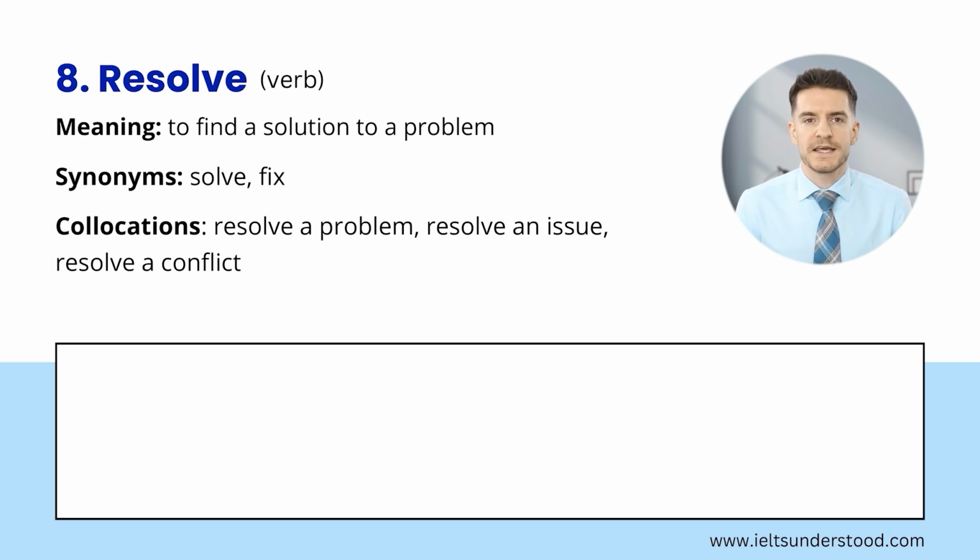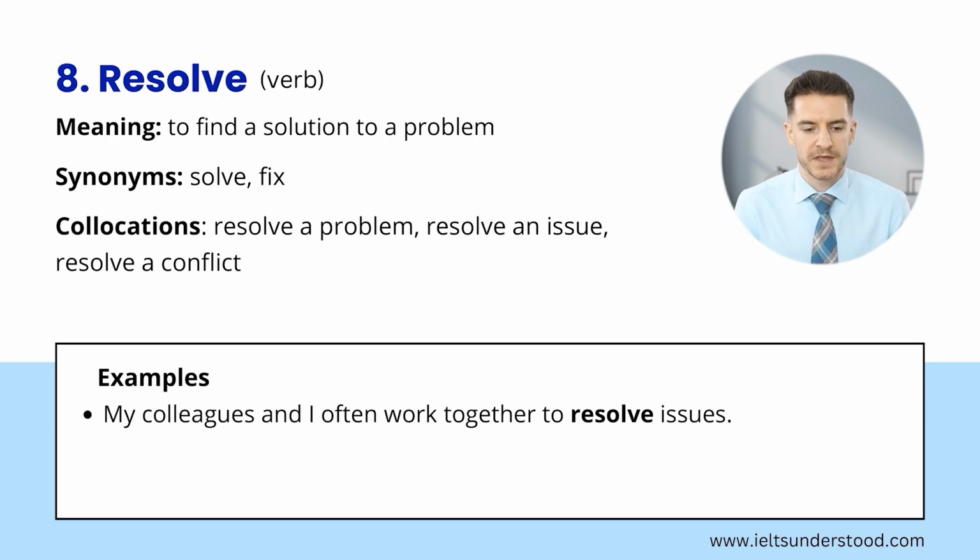And the last one is resolve a conflict. A conflict is when 2 or more than 2 people are having a disagreement or having a fight. So if you resolve a conflict, that means you fix that conflict, you fix that issue. Here are some examples. My colleagues and I often work together to resolve issues. So this means we work together to fix problems.